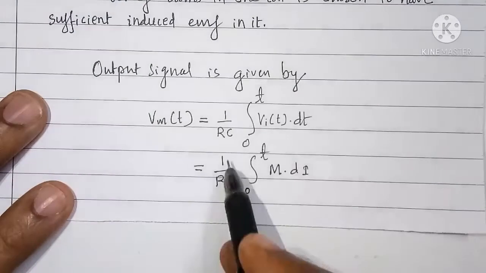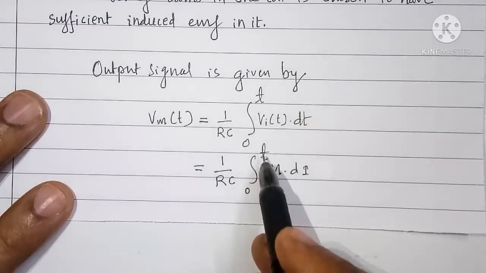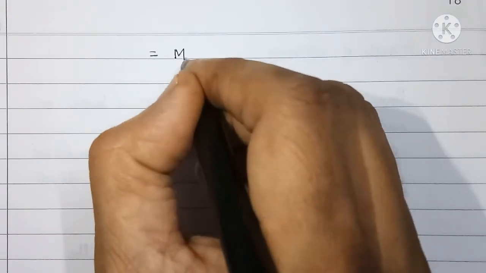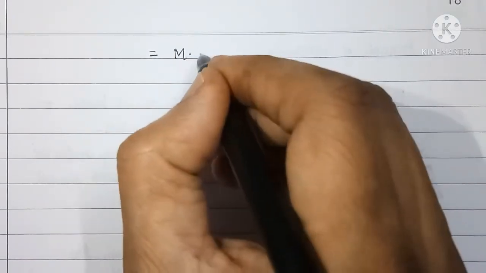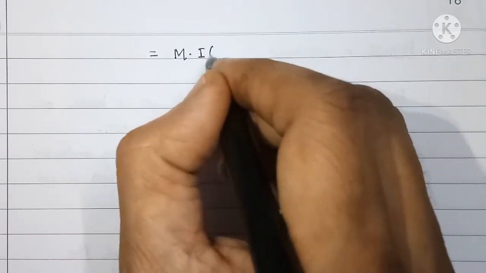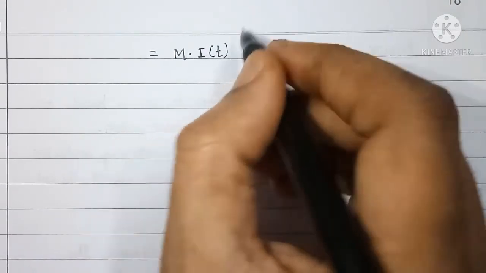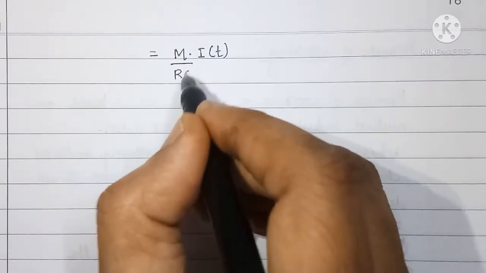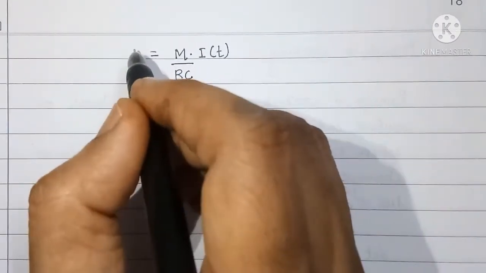Then we get 1 by RC integration from 0 to t of M di, and it can be written as M into I of t after integration from 0 to t divided by R into C. What is this?